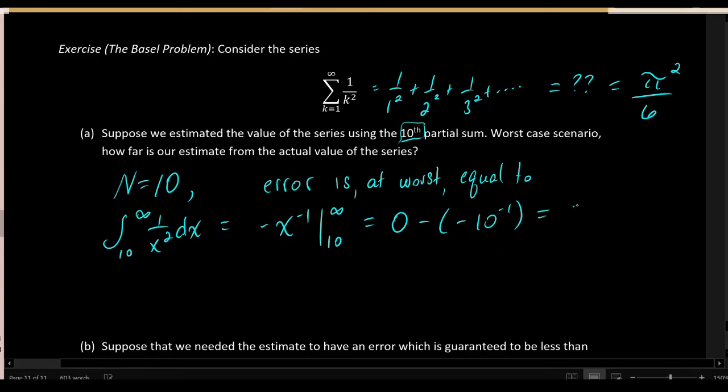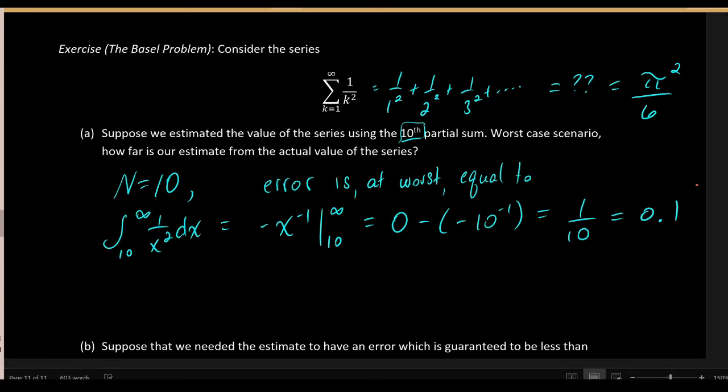After some simplification, this is equal to 1 over 10, or if you prefer decimals, this is equal to 0.1. So to rephrase what we have obtained here, if I estimate the value of the series using the 10th partial sum, that number is going to be within 0.1 units of the actual value of the series.